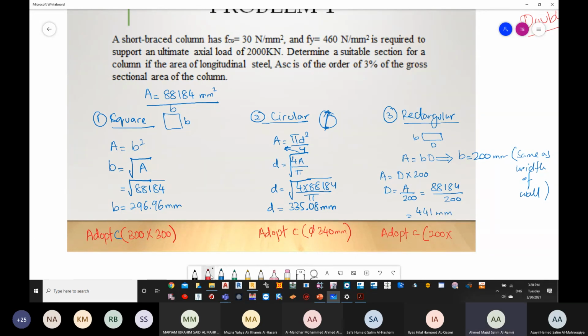So we are going to say that we are going to adopt a column of 200 by 450. Doing that, we have finished one question in the column. Once again, columns are the easiest chapter among the chapters. The problems in the columns normally do not take a lot of time. So concentrate a lot on the chapter of the column for your final examination.